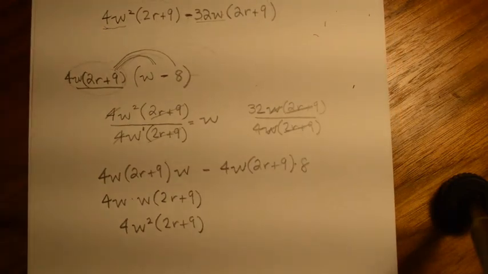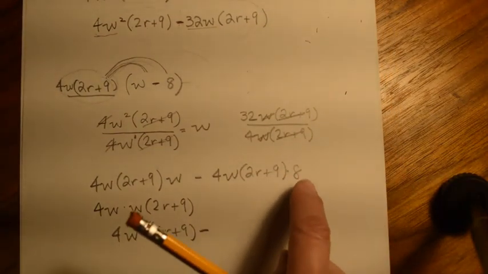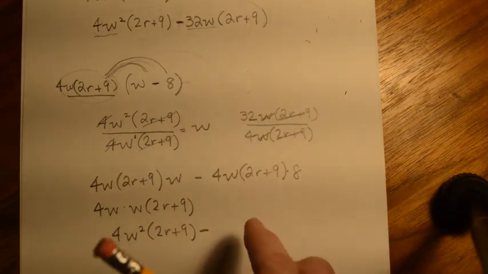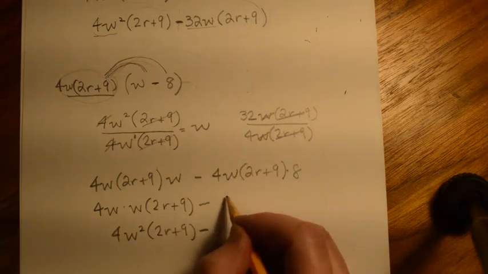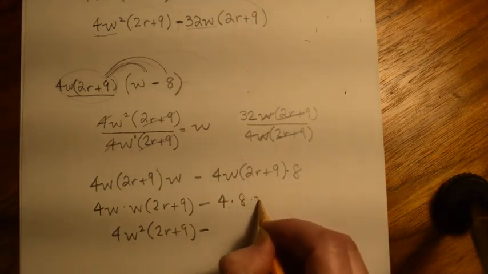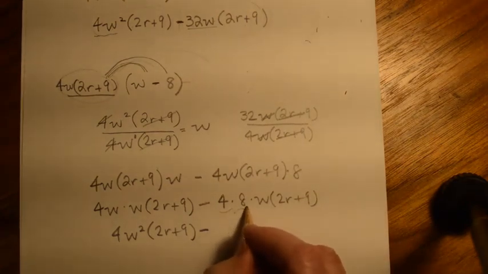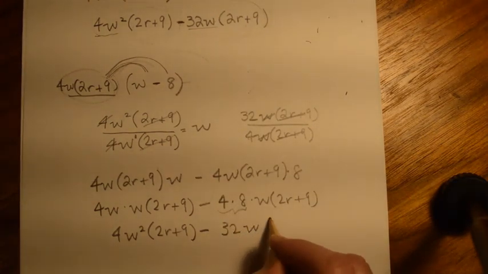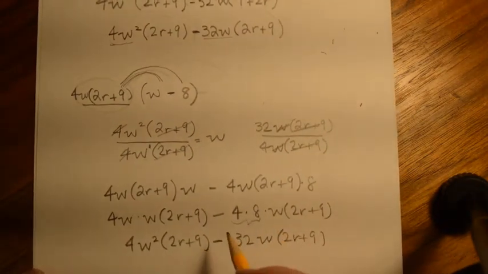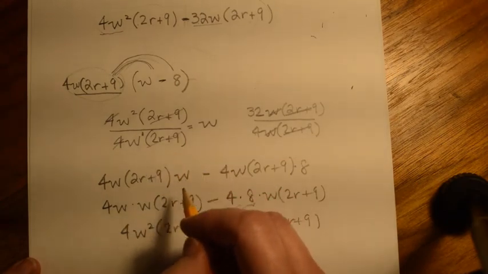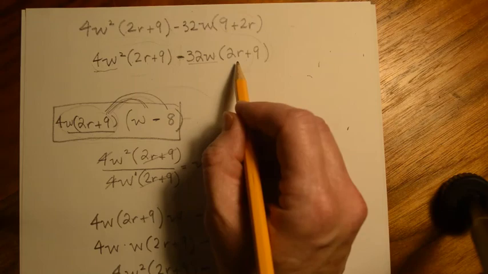All right, let's do it again with this. Minus, now, again, multiplication is commutative, so I'm going to switch these two. And then once the 8 ends up here, I'm going to switch those two so that we end up with 4 times 8 times w times 2r plus 9. These two give me 32, w, 2r plus 9. And that's exactly what we had up here. So this right here is the factorization of this.